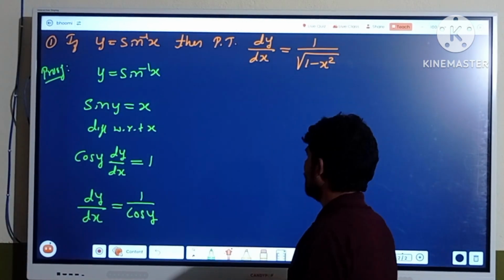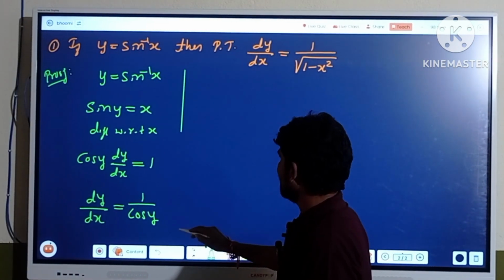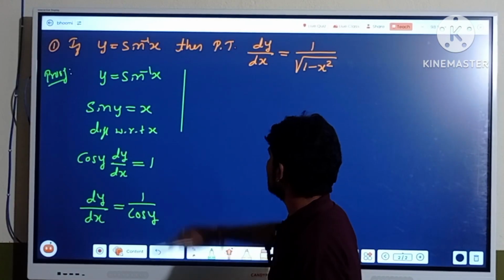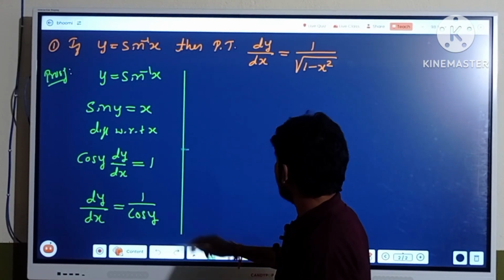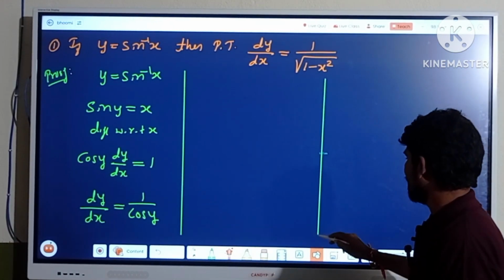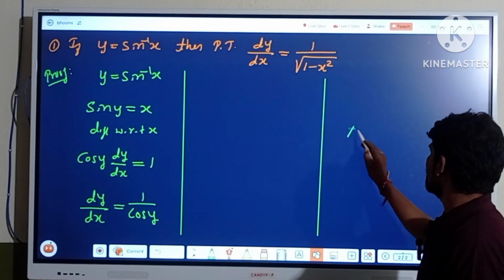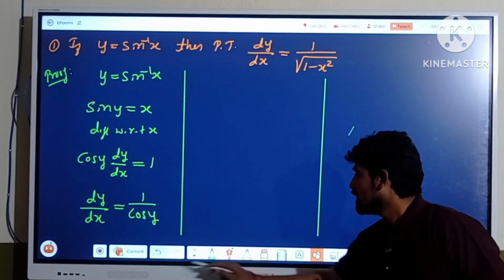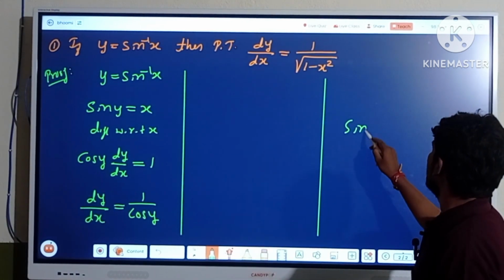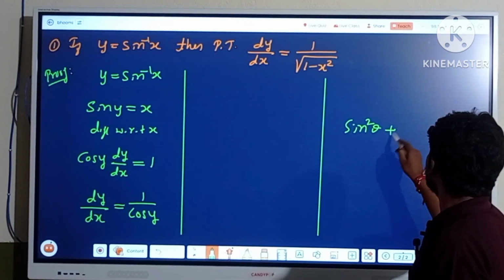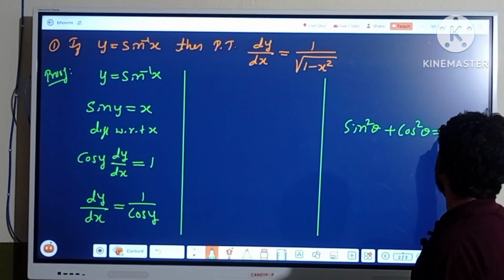Now we know one of the basic identities of trigonometric functions, that is sin square theta plus cos square theta equals 1.